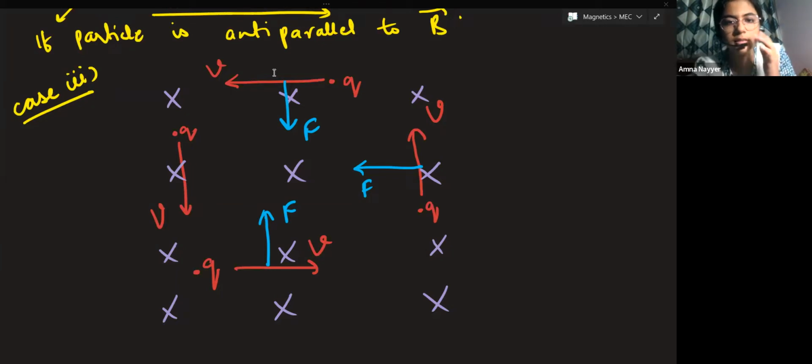So the correct answers were given by Atif, Kulsum, Fatima, Hanifa, Hamza, Sara, and Krishna. Hiba. Good. Hiba is also correct. It will be along the right hand side. See, you have to keep your hand like this, pointing downwards. This is the direction of velocity.